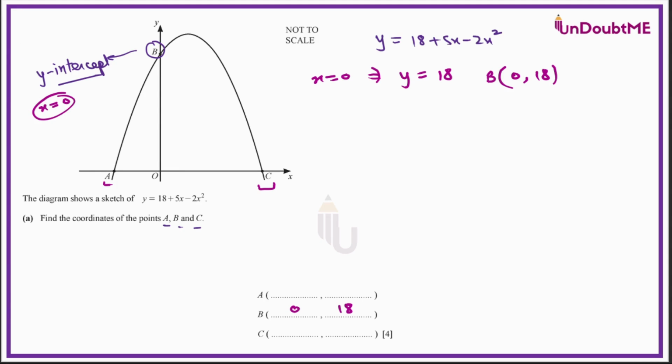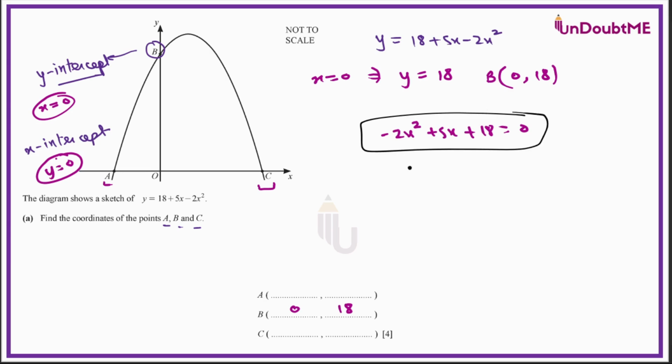So for x-intercept we generally put y is equal to 0. So I can rewrite this thing as negative 2x square plus 5x plus 18 is equal to 0. That is my beginning. Now multiplying both sides by -1 so that I can do it properly will give me this. Okay, now this is ready to be processed.